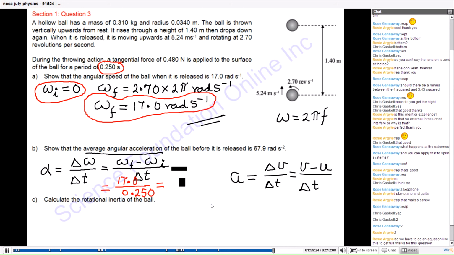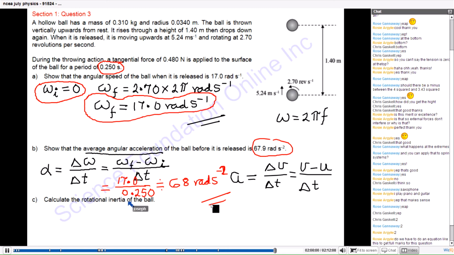But if you didn't round it off, you would have got this number here. Oh, not radians per second, of course, radians per second squared, because it's angular acceleration. So if you put 2.7 times 2 pi and divide it by 0.25, you get that one there.